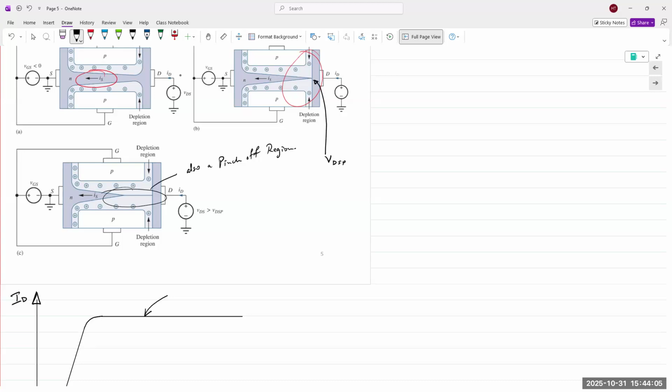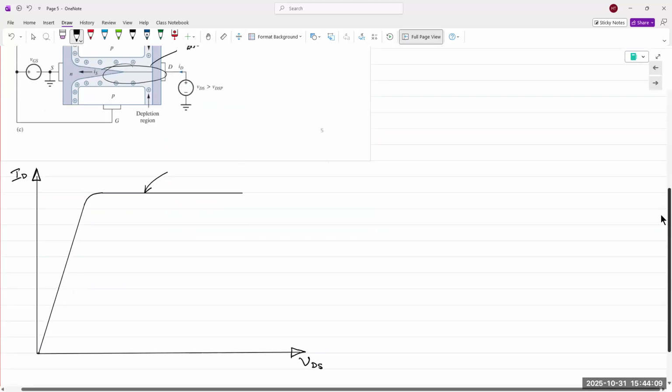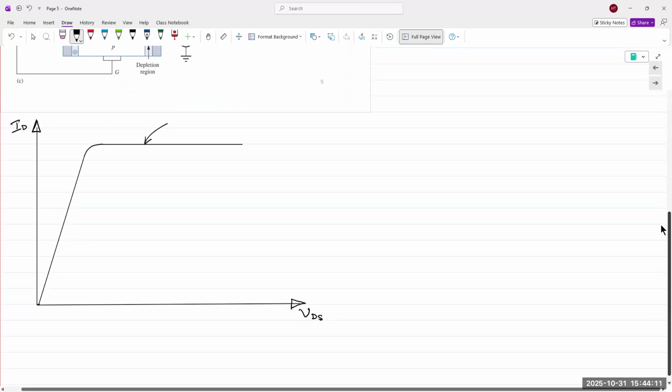Okay. All right. So now, as we saw in the lab, if we applied a negative VGS, let's say minus 0.5, what happens to the channel? The channel shrinks. If the channel shrinks, then the total amount of current that's already flowing in the channel is going to reduce.